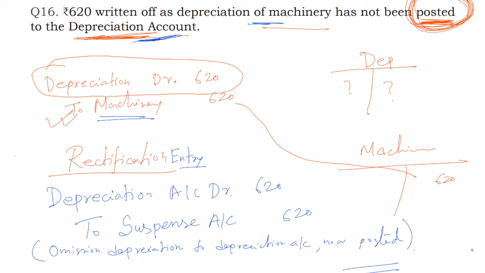Okay, so this is the solution. So in such a situation, when one account we find for correction but the other account is correctly posted, in such a situation what we do, we open a temporary account which is called suspense account, right? This is the suspense account.